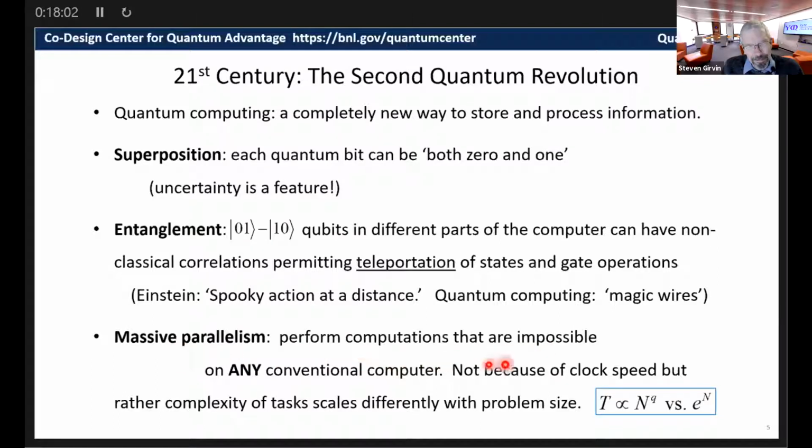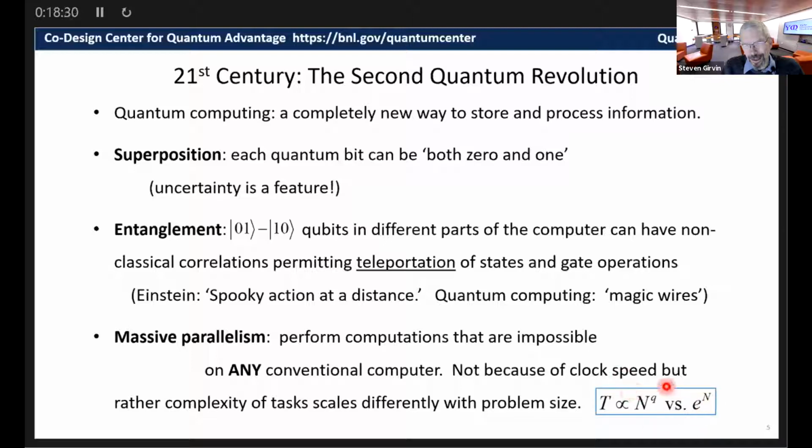But this ability to perform certain computations that are essentially impossible on any conventional computer is not because the clock speed is faster, but rather the complexity of tasks scales differently with problem size. Like the runtime might be the number of numbers in the database to some power, or it might be exponential. And for a classical algorithm, it might be exponential.